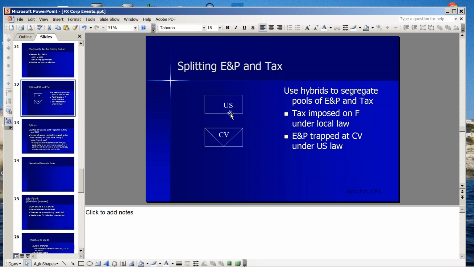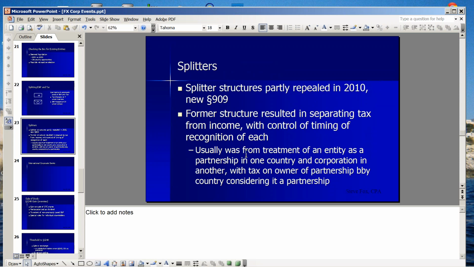For this situation, where it's a U.S. owner with a foreign entity, new Section 909 says the earnings and tax get stuck together. You only get to recognize the tax when you recognize the income.